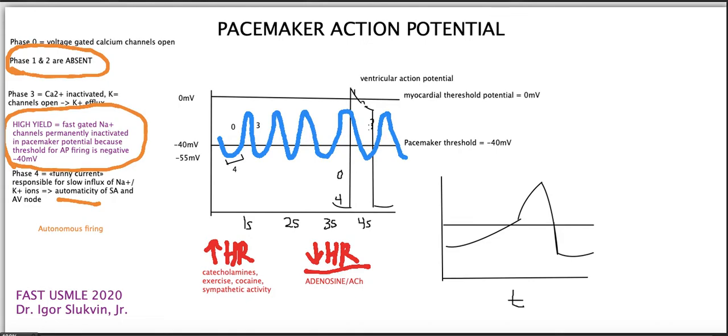So let's say a patient comes in with supraventricular tachycardia and their heart rate is very fast. Do you think that their slope is going to be steep or not steep? Well, the slope of their phase 4, it's going to be like this. Sorry, let's draw that.